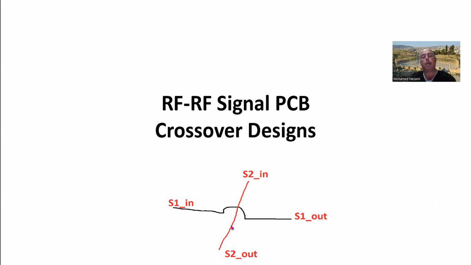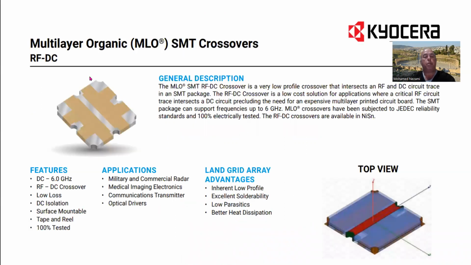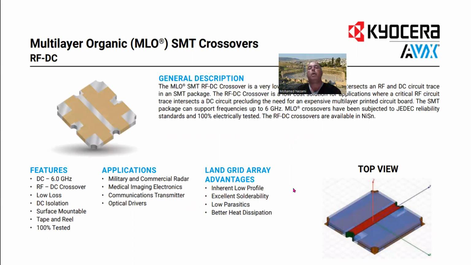But we are designing an RF to RF crossover using via transitions. This is embedded in the board, and eventually we take that design and make it into an actual chip, similar to these guys, except now these guys are limited to 6 gigahertz, or this one here from AVX, Corsica.